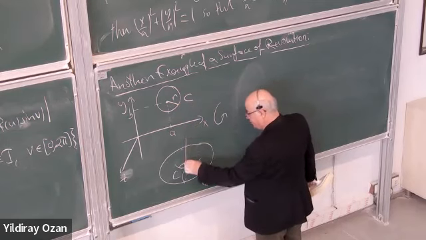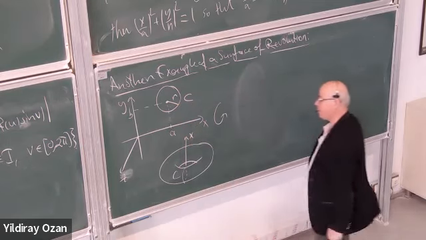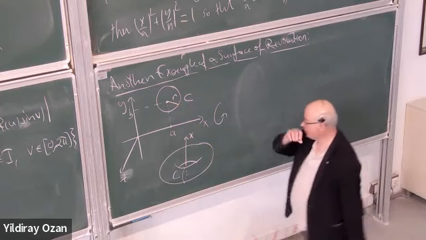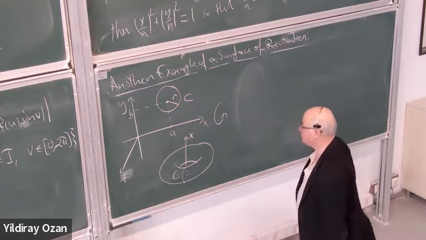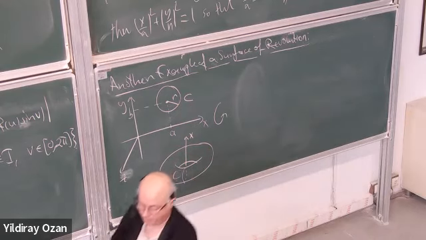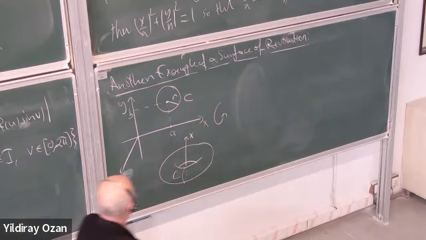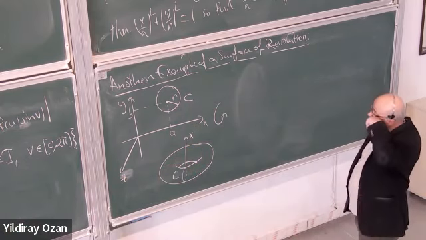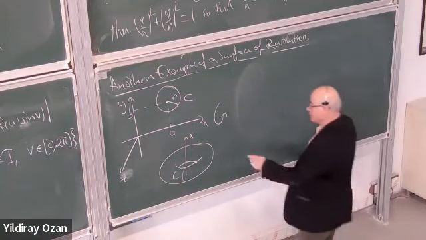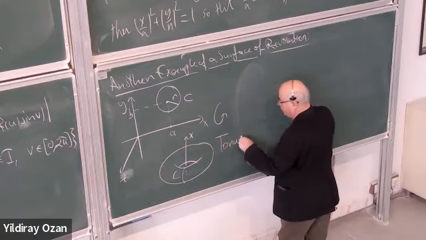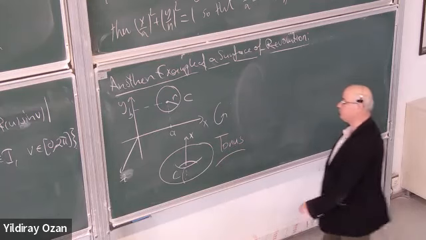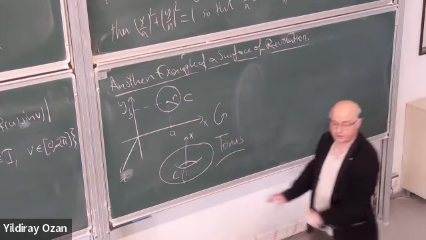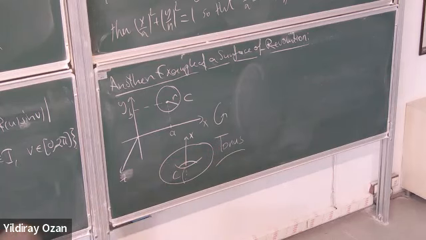So this is my x-axis, and it is rotated about the x-axis. This is called a torus. It's the surface of a simit, right? Or donut, or bagel.